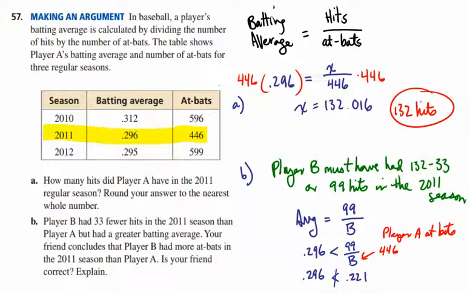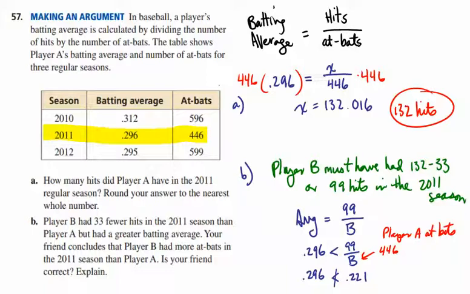So if they had the same number of at-bats, then player B should have a lower batting average than player A. Now, if player B had more than 446 at-bats, think about what happens as we increase the quantity B. Let's put 500 in there.